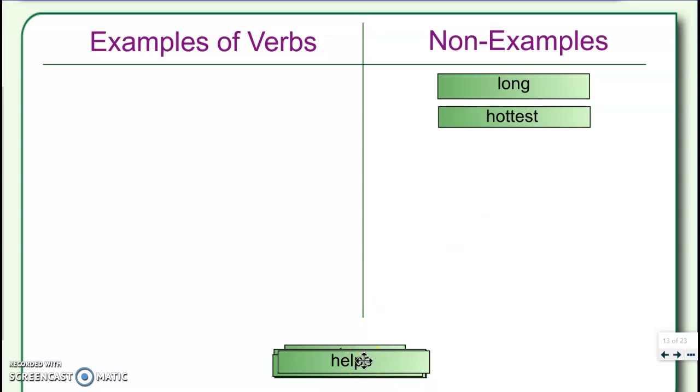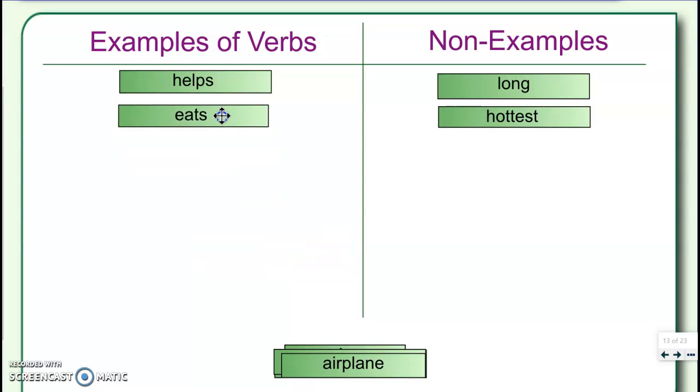Helps, my mom helps me with my schoolwork. Helps is a verb. Okay, the word is eats. She eats her cereal. Airplane, right, airplane is a non-example because it's a noun.